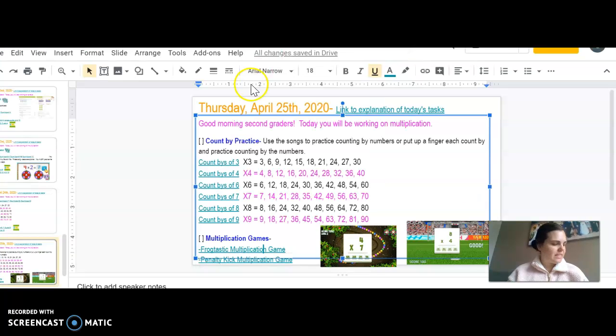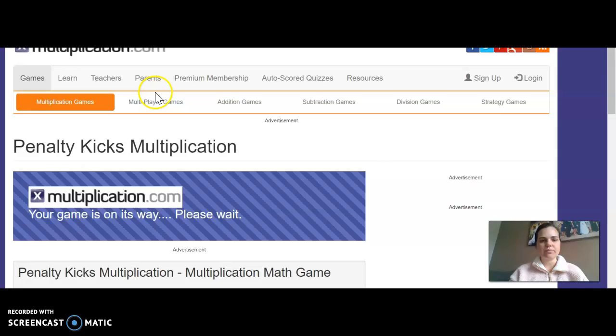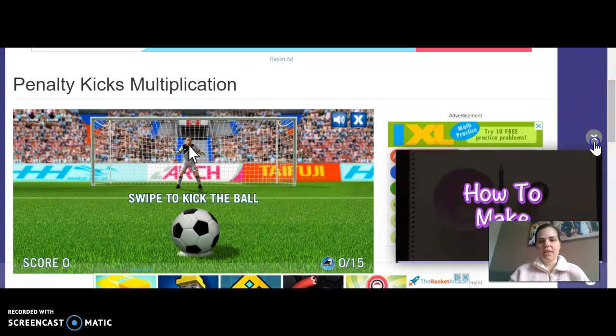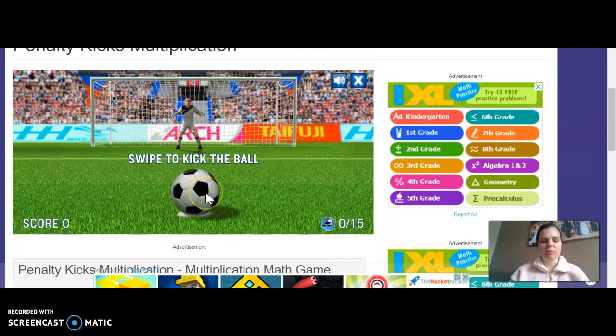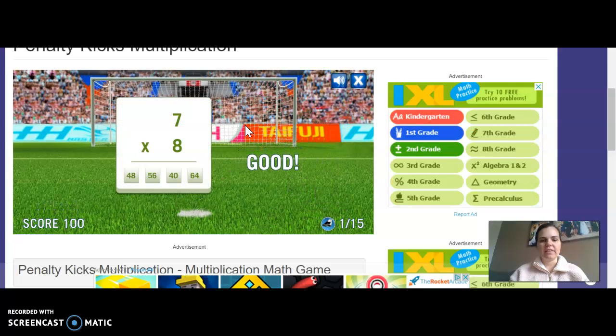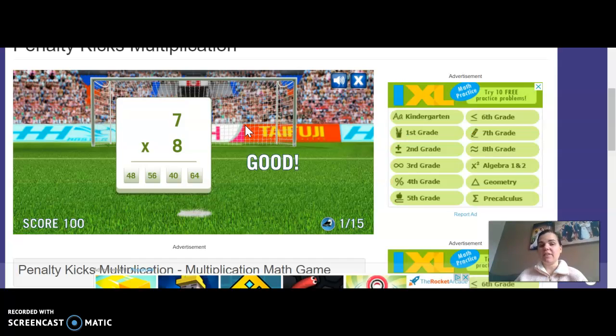Okay, then the second game is penalty kick multiplication. So if I click on that here, I'm going to click play. I'm going to swipe the ball to kick. So I'm going to push on my mouse and I'm going to swipe it, and it kicks, and then it's going to pop up a multiplication. 7 times 8 is a big one, so I'm using my sheet of paper, going to my count bys of 7s or 8s.